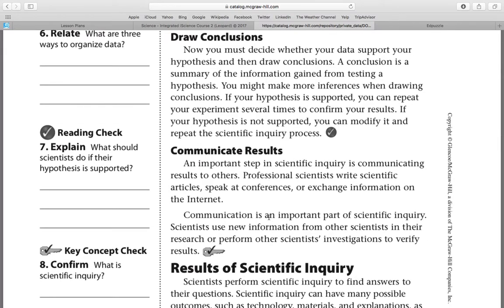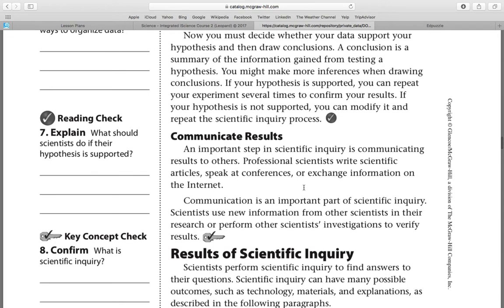Next, we would want to communicate our results. As scientists, a lot of times want to communicate their results through writing an article or a journal that proves what they did that supports their hypothesis. They may speak to the media, and they may speak at conferences in order to get their results out. COVID-19 is a really good example of scientists getting their information out.